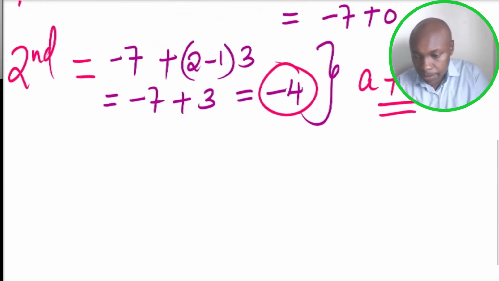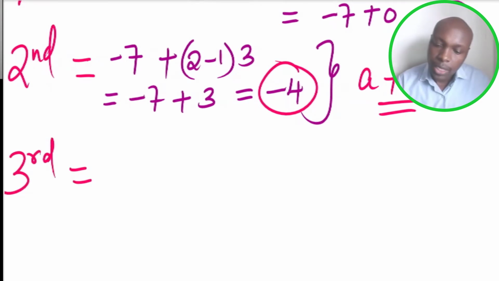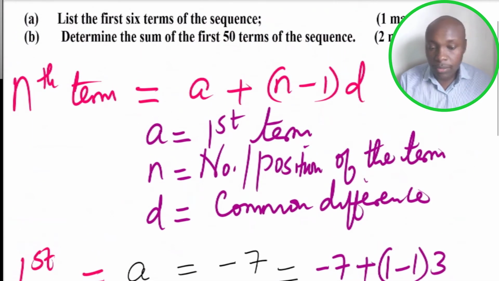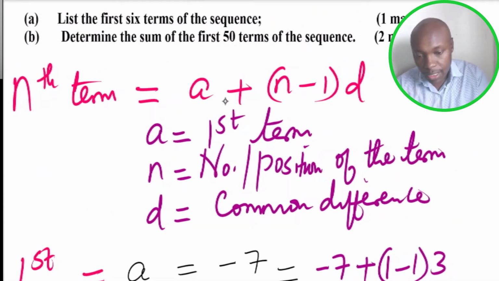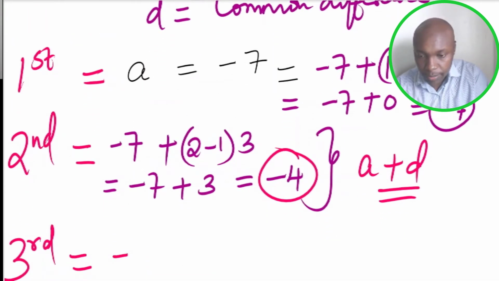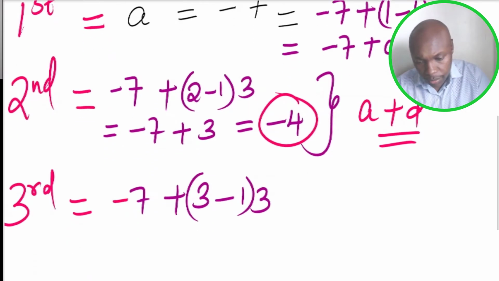The third term. Now the value of n, when you're writing that term, n will be 3. So we just substitute everything in this formula here. So a is -7, plus n is 3, minus 1, multiplied by 3.